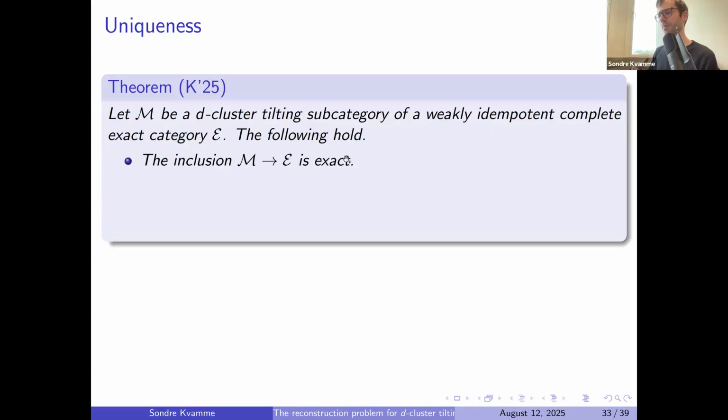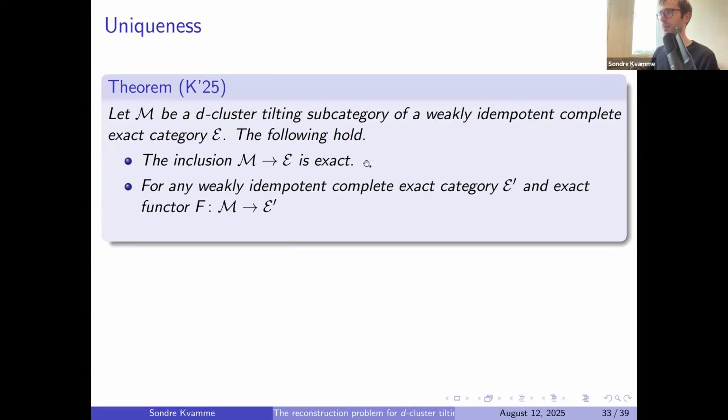I would say this is basically immediate from the theorem of Jasso, just based on how he describes the D-exact category M. If you have a D-cluster tilting subcategory, how it becomes a D-exact category is precisely telling you that this inclusion is exact. So this doesn't contain so much, and the second part is maybe what requires a bit of work, which is what I really do in the paper.